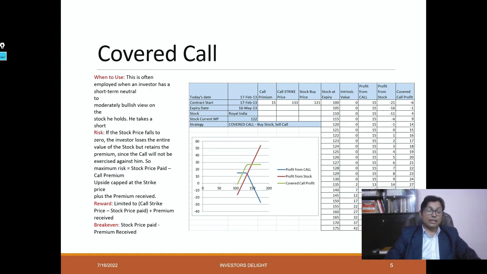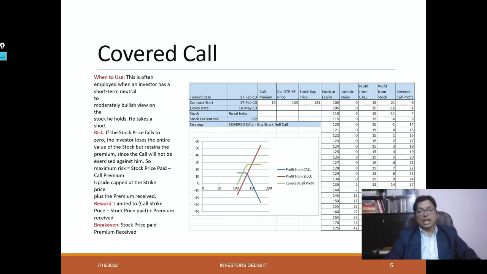So maximum risk is equal to stock price paid minus the call premium, and upside is capped at the strike price plus the premium received. Reward is limited to the call strike price minus stock price paid plus premium received, and break even is achieved when stock price minus premium received is achieved.